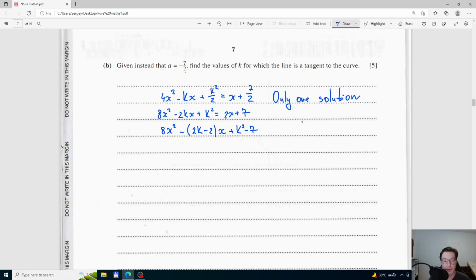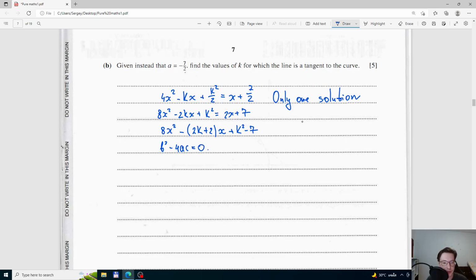Oh wait, that's supposed to be a plus, right? Yes. Sorry, getting a bit tired. Okay. So now we're going to use b squared minus 4ac equals 0, in order to get just one solution.